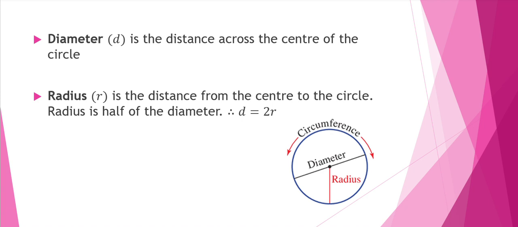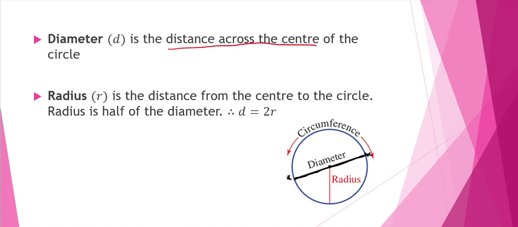So diameter, and we use the letter D, okay? That's just pretty much the distance across the center of the circle. In my diagram here, if you look at this black line that I'll just pretty much redraw and reshade, that is the distance from one end of the circle to the other.